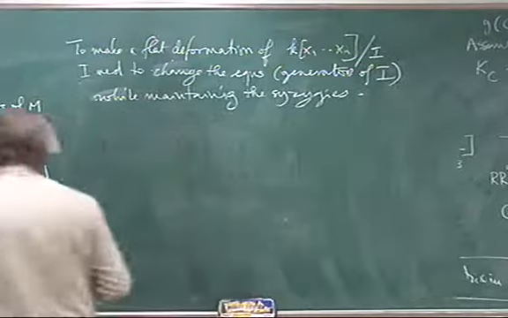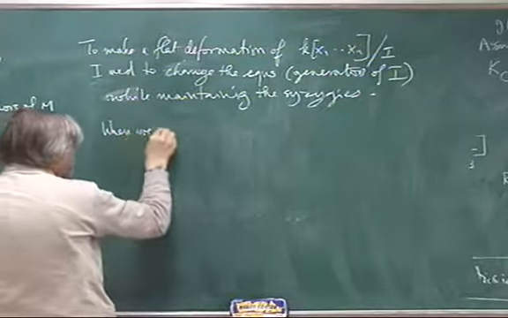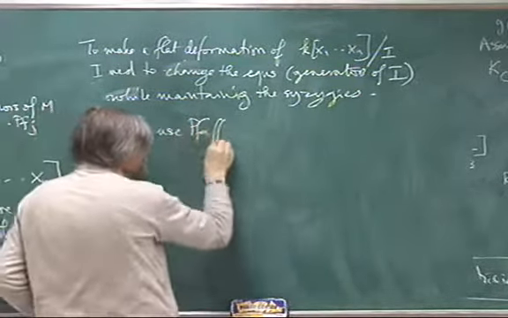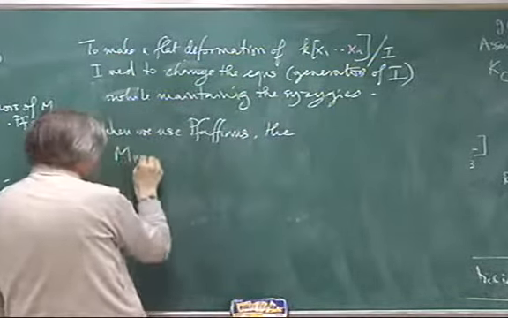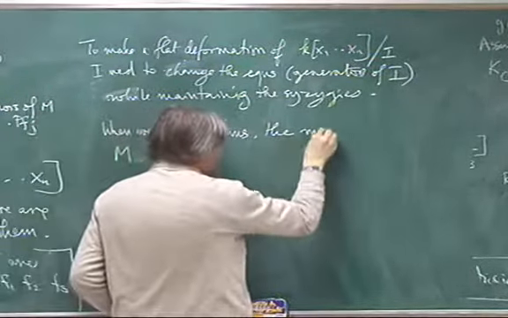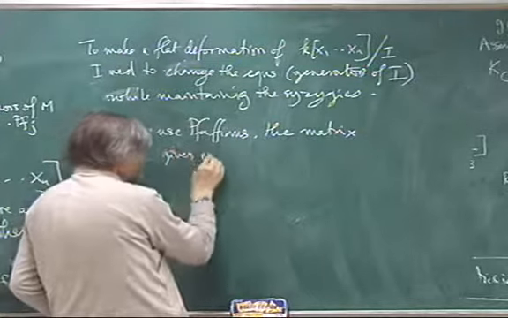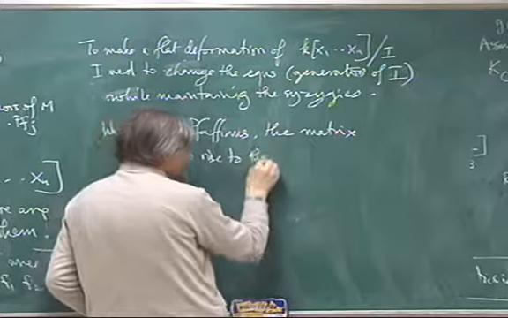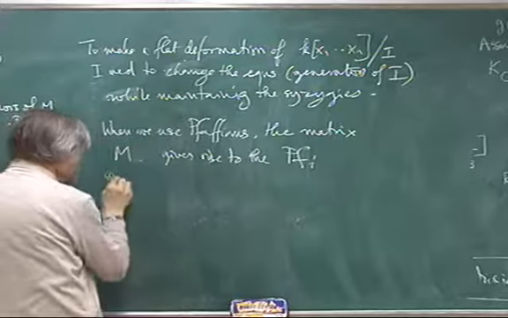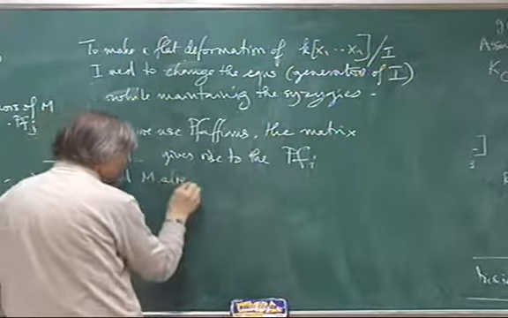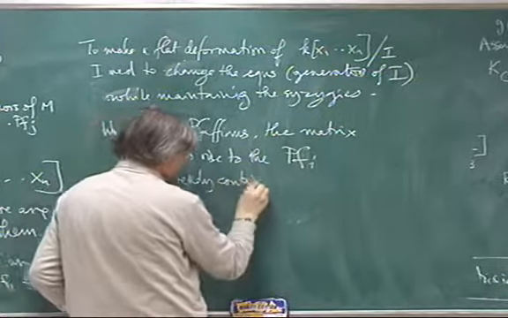Okay? So the point is that when we use Pfaffians, the matrix M gives rise to the Pfaffians, and M already contains all the syzygies between them.